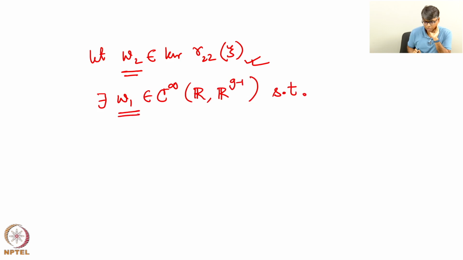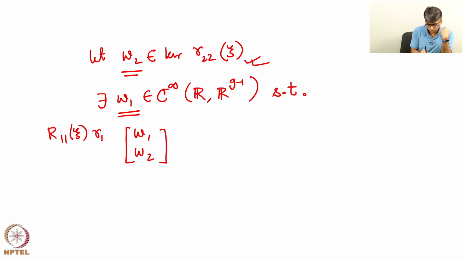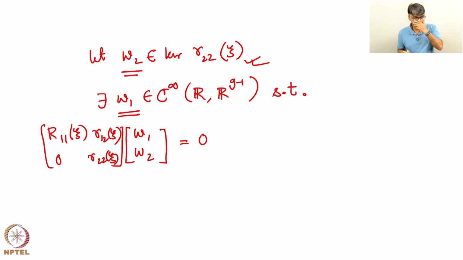Clear it if it's not clear to you. Go back in this video and clear out that this is indeed true. Satisfy yourself. Now there is this W1 such that W1 W2 together is in the behavior, which means they together satisfy the equation R11 xi, R12 xi, 0, R22 xi equal to 0.